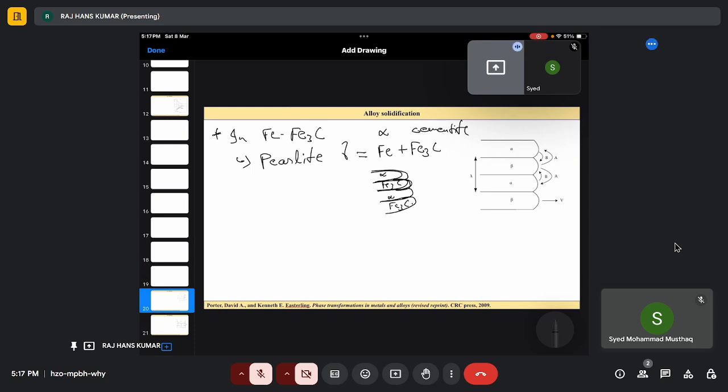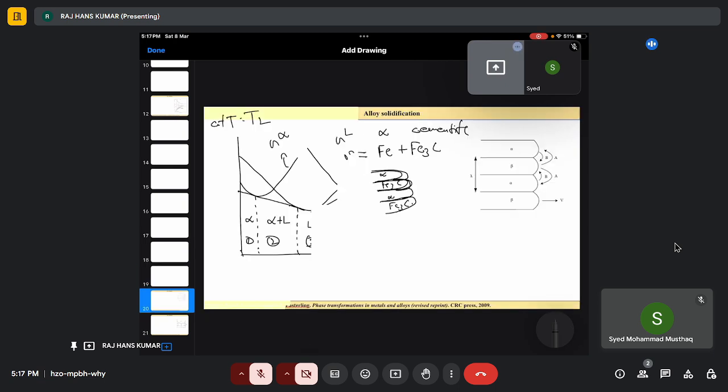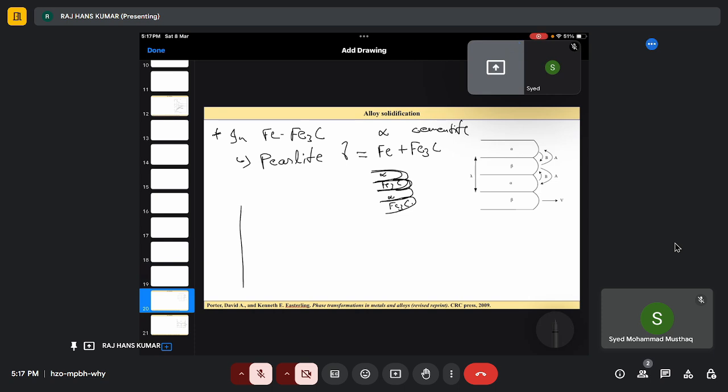Now, what happens in eutectic solidification? Let's draw the diagram again. I'm only concentrating on the eutectic point.